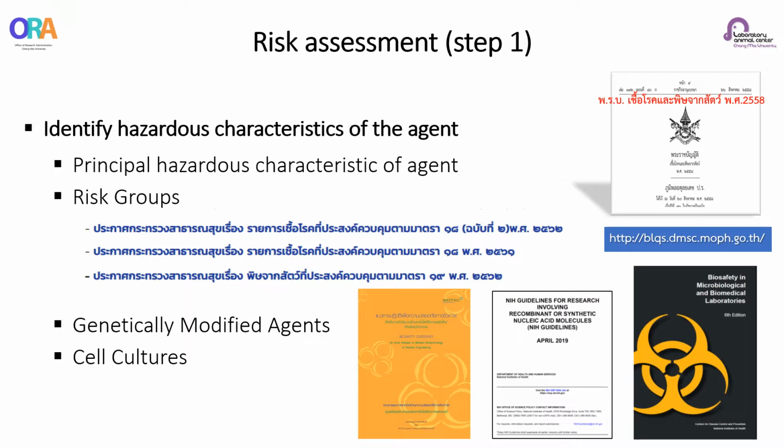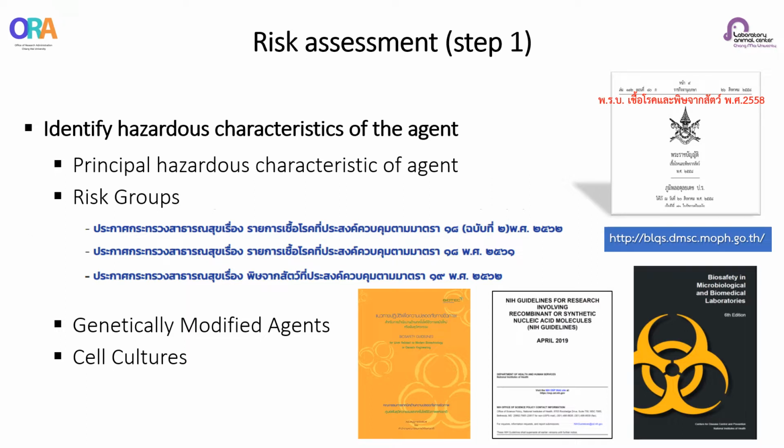Four, the characteristics of agents can also be used during the risk assessment to determine the appropriate BSL level and the safeguards to use, like probable route of transmission, minimum infective dose, stability in the environment, geographic range of host species, or agent origin.